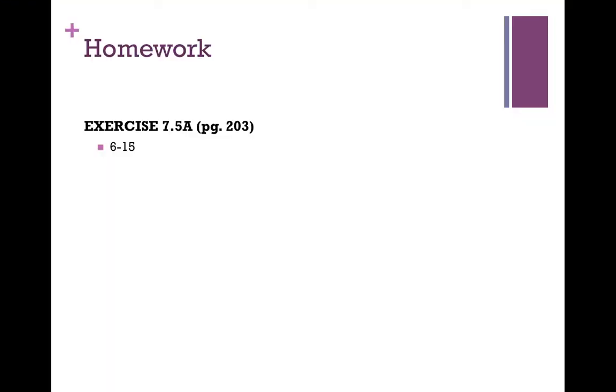Also, I'll put this on Blackboard for you to see, but I'm going to ask that you also read through pages 198 to 202. And then you're going to do exercises on page 203. I know this seems a little overwhelming at first, but the reality is, like I said, you're just doing diagrams again, and it's just more of what we've already been doing, just adding one extra element to it. But if you have any questions, please shoot me an email and let me know.